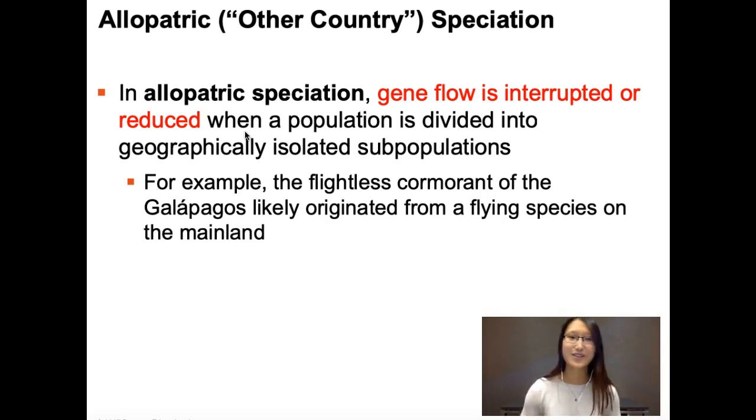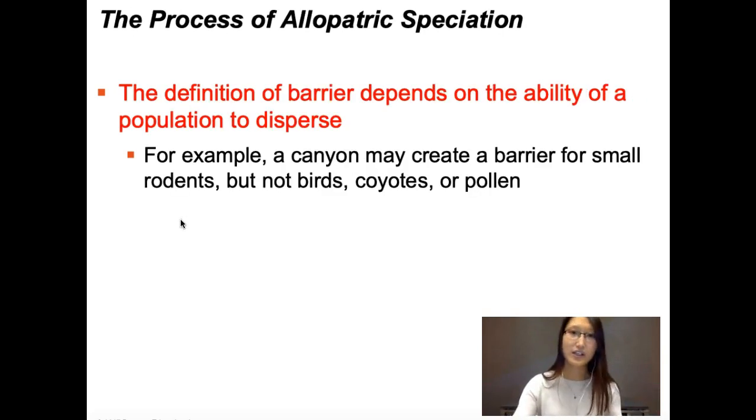So that's just a random cartoon, but it demonstrates how allopatric speciation can happen when there's a geographical barrier appearing between two populations. Another example could be at the Galapagos Islands. We could have birds at different islands, but then eventually they become flightless, so they can no longer allow the gene flow, so that they are accumulating their own mutations and changes.